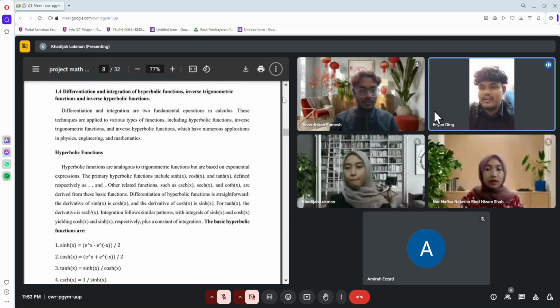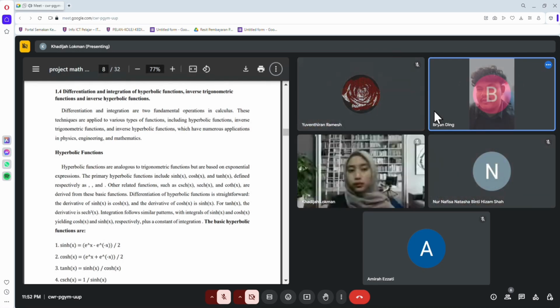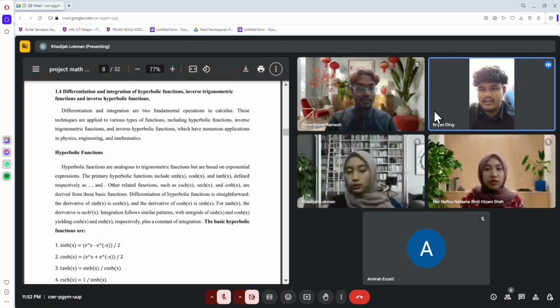Differentiation and integration are two fundamental operations in calculus. These techniques are applied to various types of functions, including hyperbolic functions, inverse trigonometric functions, and inverse hyperbolic functions, which have numerous applications in physics, engineering, and mathematics. So first of all is the hyperbolic function.